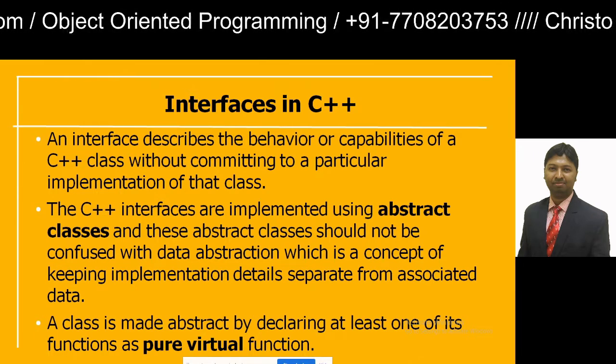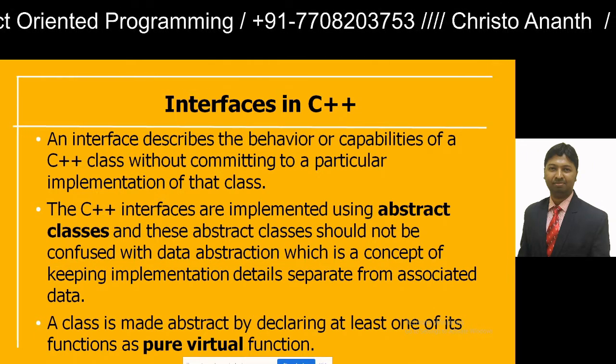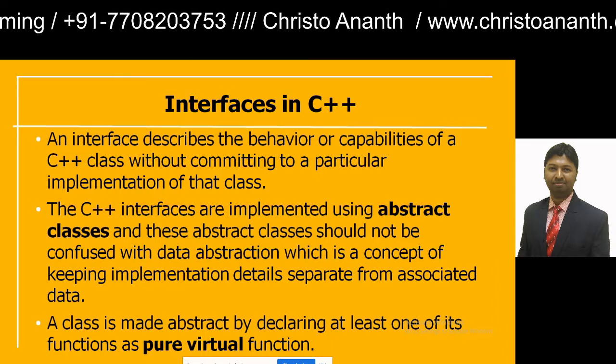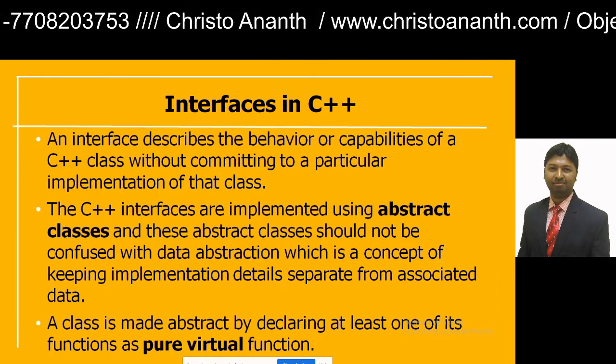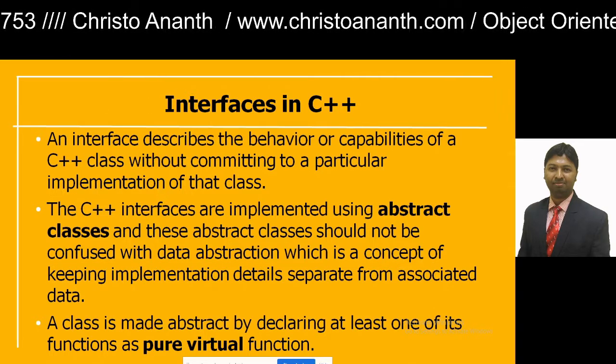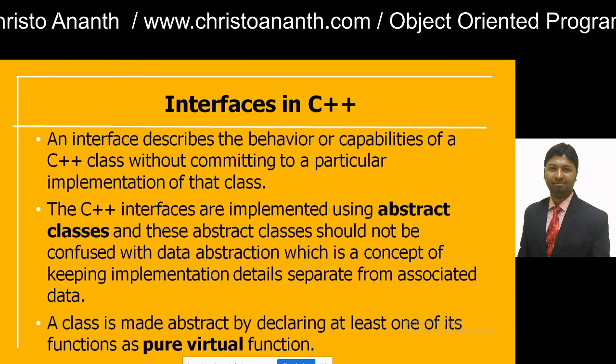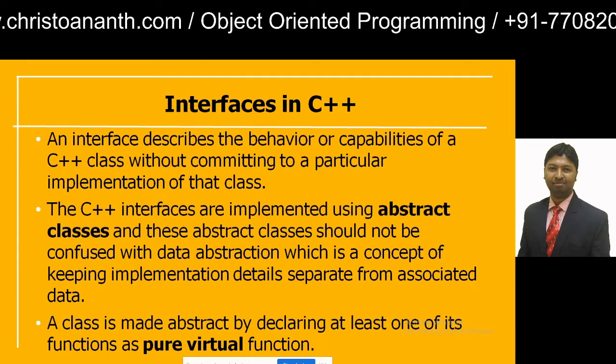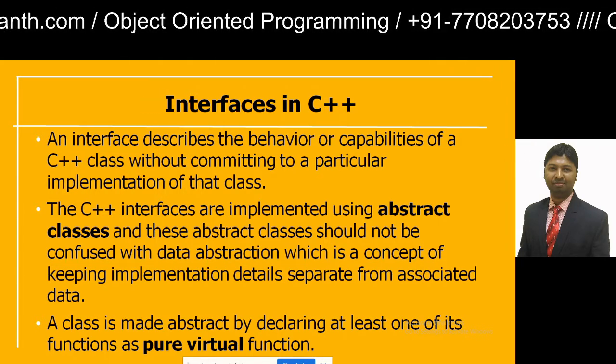In the case of data abstraction, you keep the implementation details separate from the associated data. So you can generally conclude that a class is made abstract by declaring at least one of its functions as a pure virtual function.